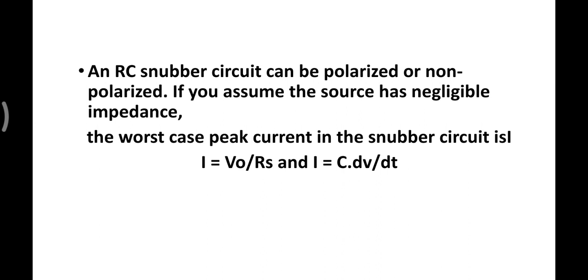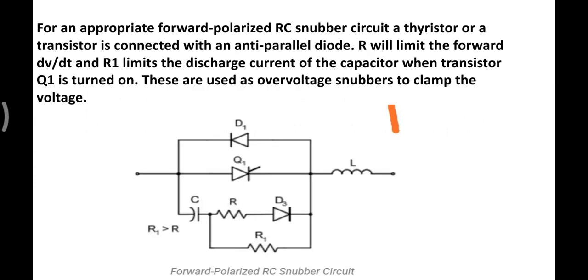So in RC circuits there are totally two connections, polarized and non-polarized. In polarized there are also two types of connections: forward polarized connection and reverse polarized connection. So let us see the forward polarized RC snubber circuit.